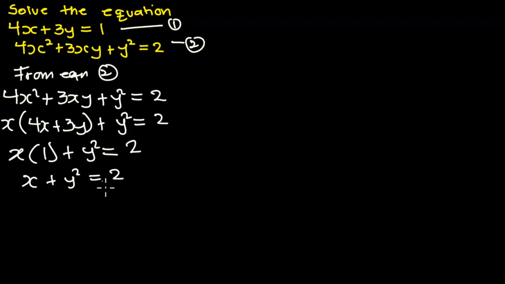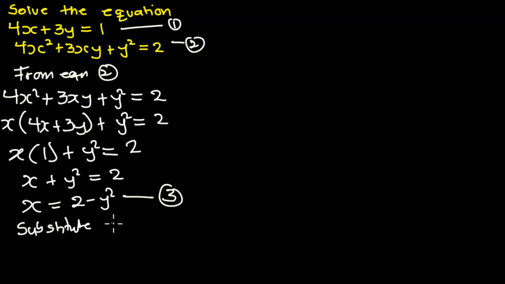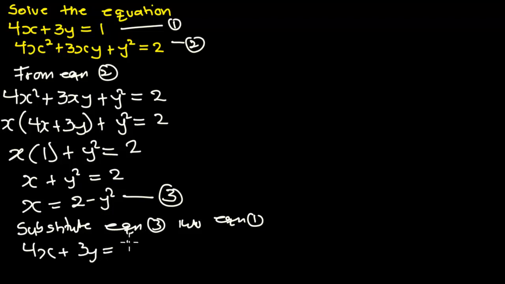From here, let's make x the subject. So x is equal to 2 minus y squared, and let's call this equation 3. We are going to substitute equation 3 into equation 1. In equation 1, we were given 4x plus 3y is equal to 1.